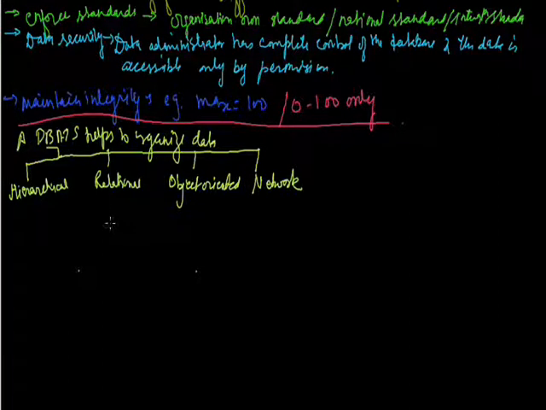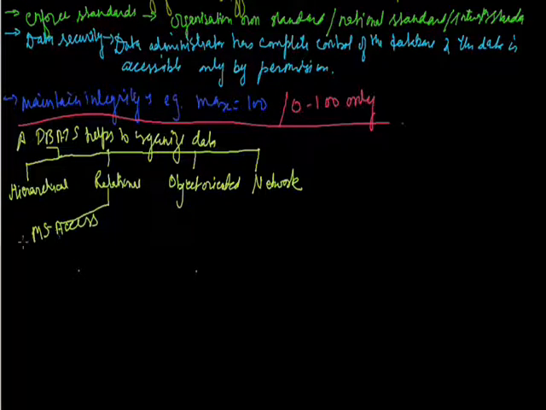So these are 4 categories of DBMS, and the MS Access which we will be using is a relational database management system. MS Access is a relational database management system.